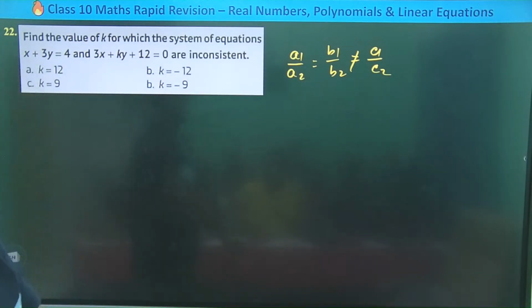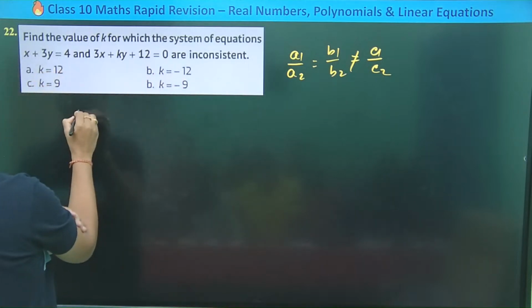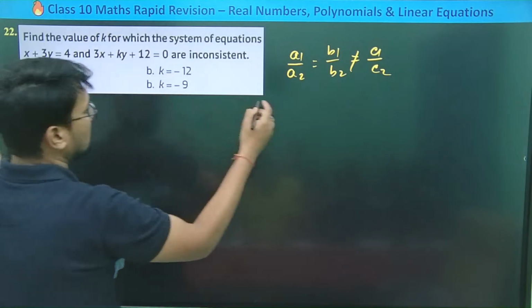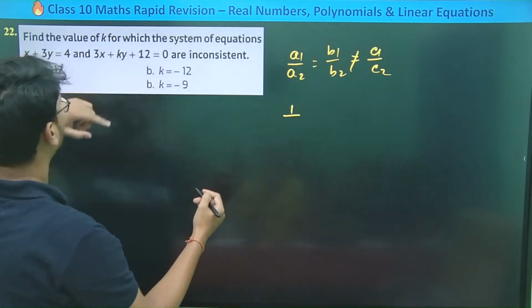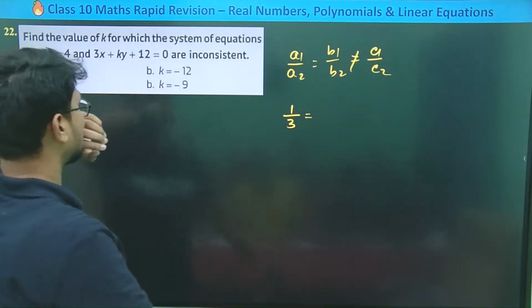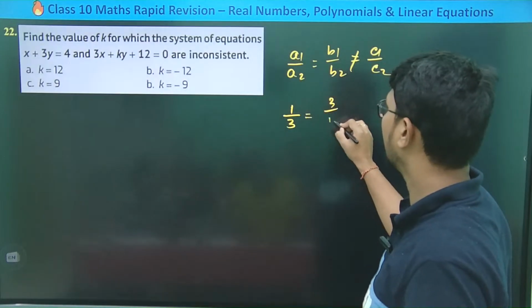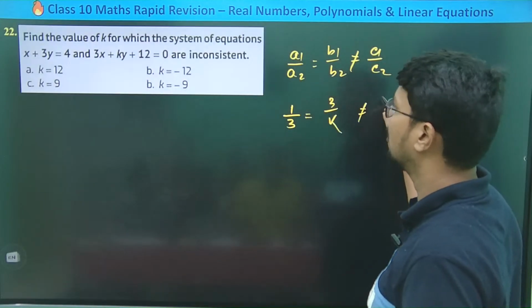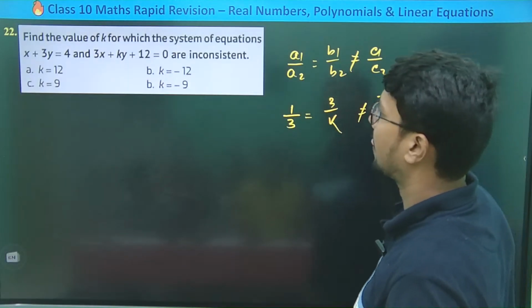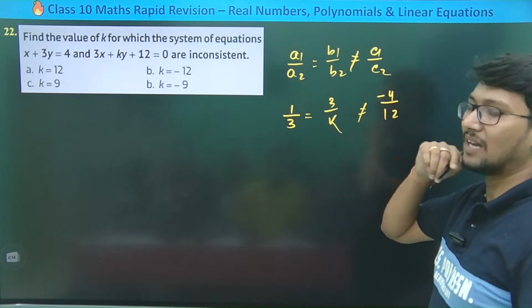Okay, so therefore a1 is 1, a2 is 3, b1 is 3, b2 is k, not equal to minus 4 by minus 12.